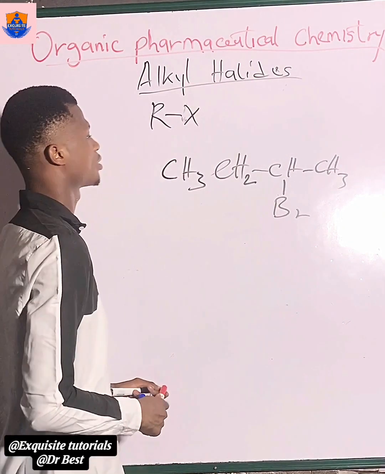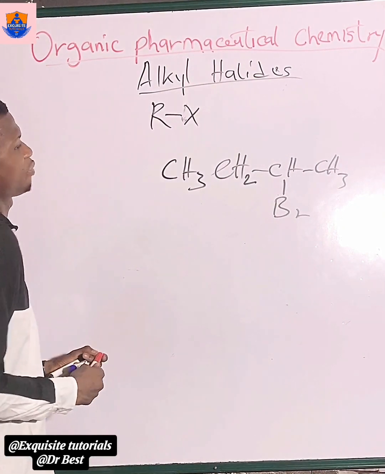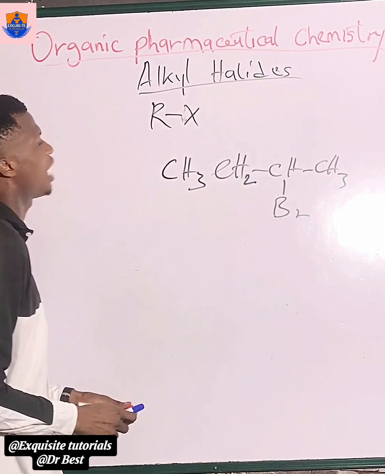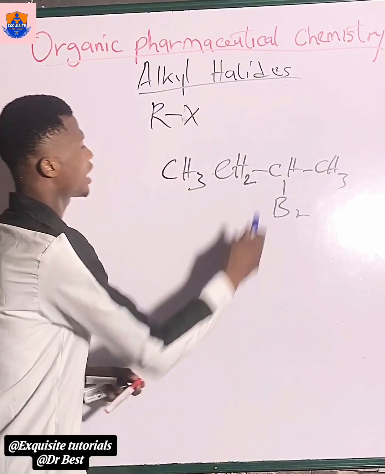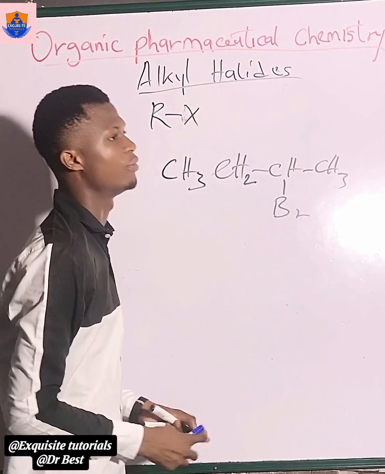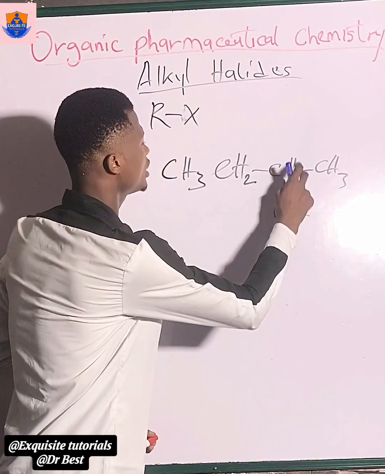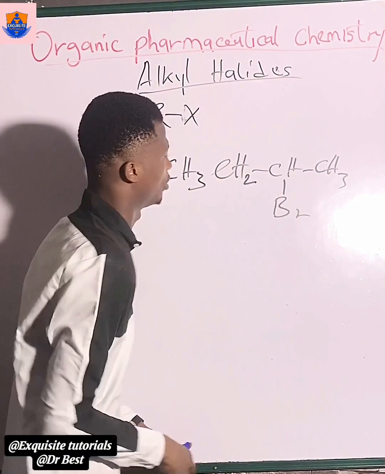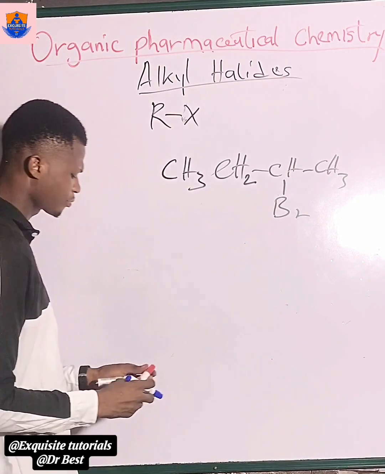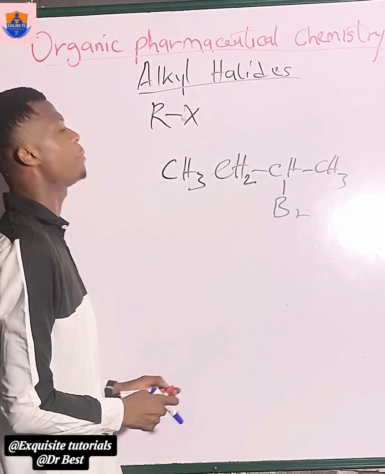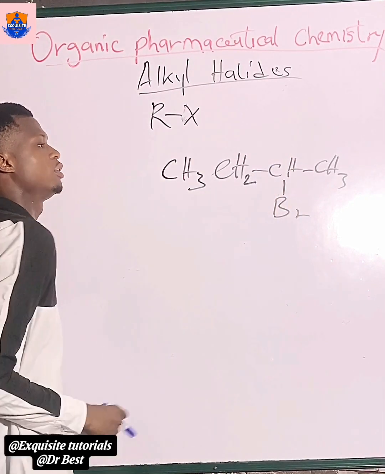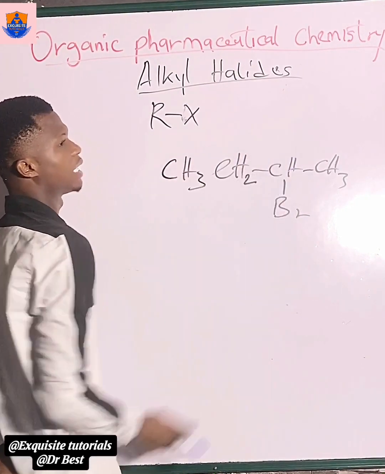Now remember that when we are talking about alkyl halides, we are not concerned about all these other carbons. We are only concerned about the alpha carbon. The alpha carbon is the carbon which the functional group is bonded to. So this particular carbon is called the alpha carbon. So we are concerned about this carbon. Remember that I told you that a primary alkyl halide has just 1 other group bonded to the particular carbon, which means it's going to have 2 hydrogens attached to it.